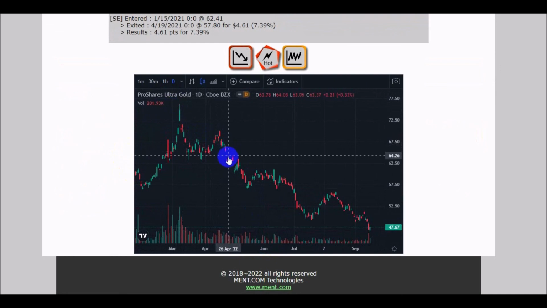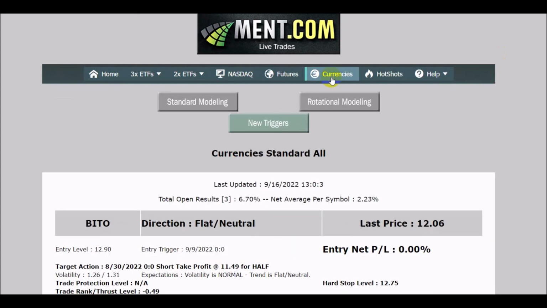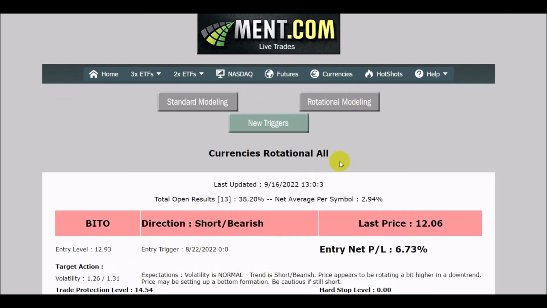Right there. It got into a short trade on that breakdown, and it has continued in a short trade all the way down. So it's a beautiful rotational modeling system where you can diversify your portfolio into some of these rotational systems. So currencies, rotational modeling system.